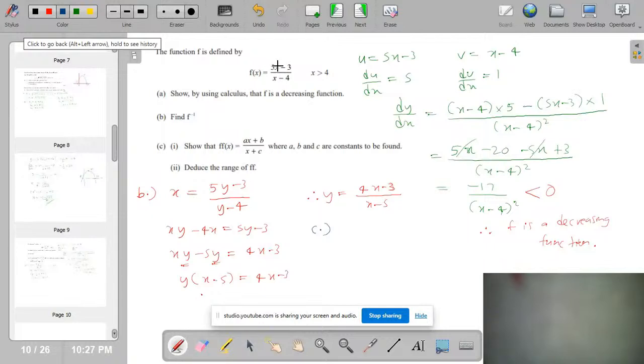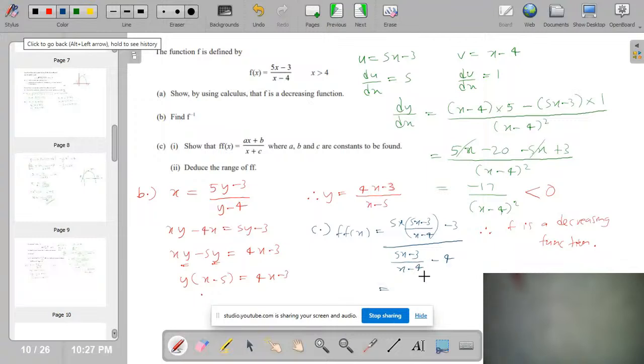So I'll find it directly. We need to replace this x by the whole function itself, equal to 5 times this complete function, 5x minus 3 divided by x minus 4, minus 3 divided by, x meaning 5x minus 3 over x minus 4, minus 4.